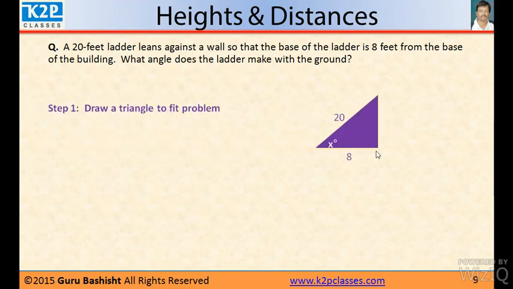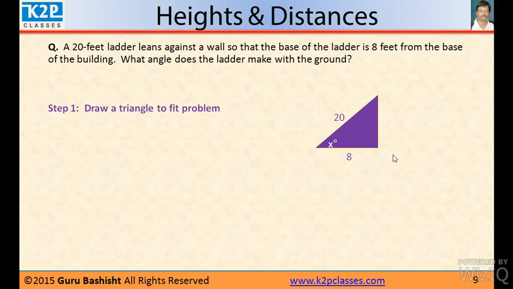This is the wall. 20 feet ladder, so the length of the ladder is 20 feet, and its base is at a distance of 8 feet from the base of the building. So this is the 8 feet. And we have to find the angle between the ladder and the earth, the ground. Let it be x.